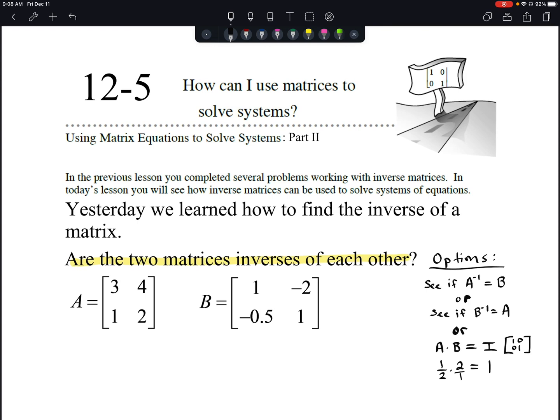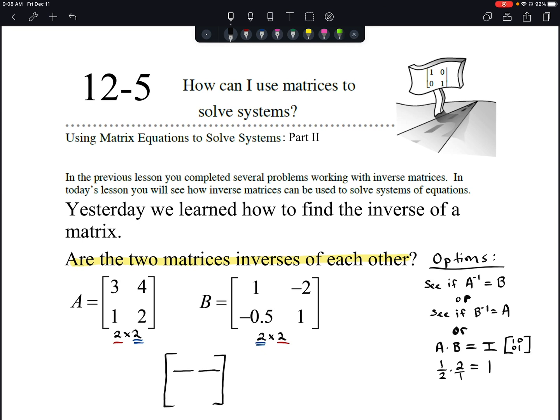We know that this is a 2 by 2 and this is a 2 by 2. Since they share that common value in the middle, the number of columns in A matches the number of rows in B, our resultant matrix would be a 2 by 2 also. Let's set up a little template for our resultant matrix.